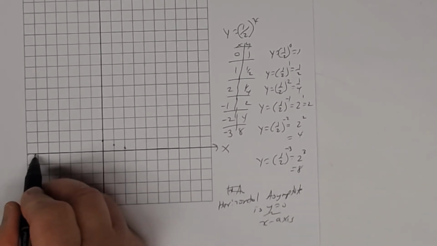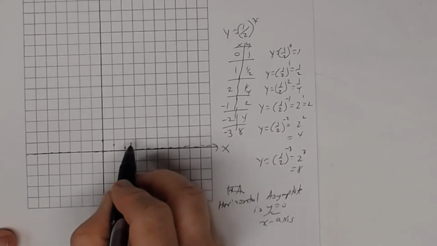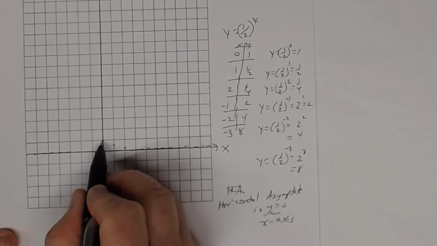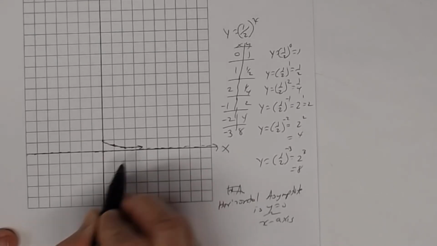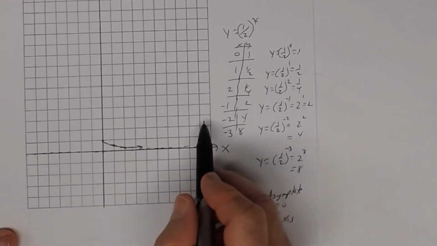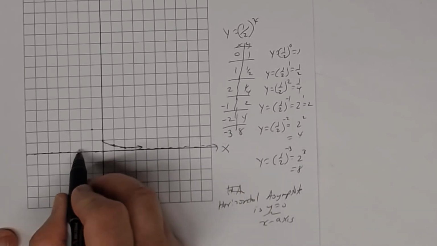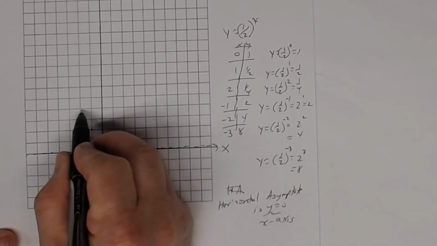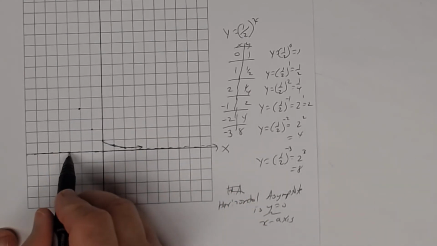I'm denoting that by a dotted line like this. Notice that on this side, the graph gets closer and closer to the horizontal asymptote without crossing it. On this side, I have the points -1, 2, -2, 4, and -3, 8.